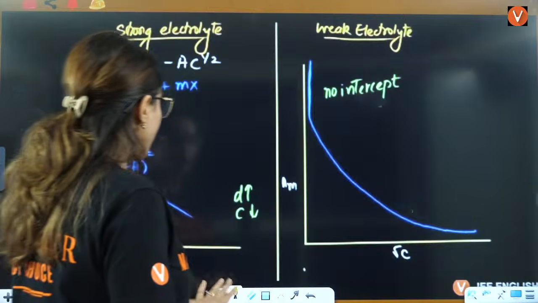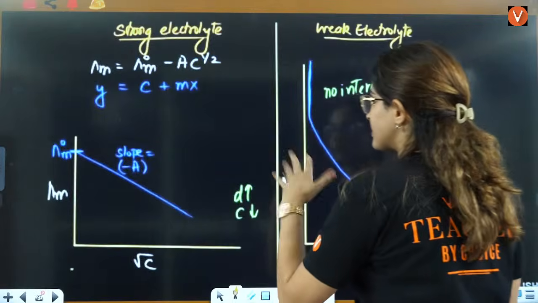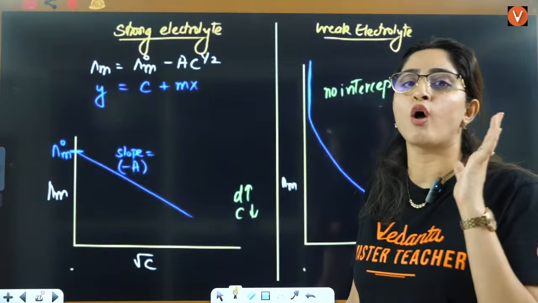Now we understood that in both cases molar conductivity is increasing.